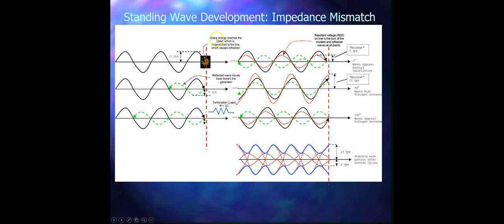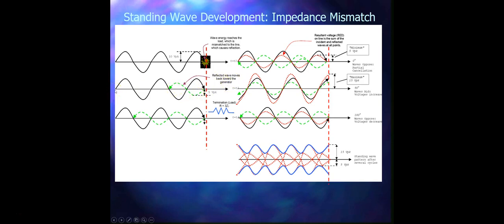We can read here: wave energy reaches the load, which is mismatched to the line, which causes a reflection. In the second waveform you can see the reflection occurs, and the line in green color is the reflected wave. The reflected wave moves back towards the generator.